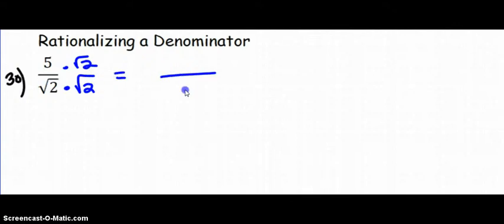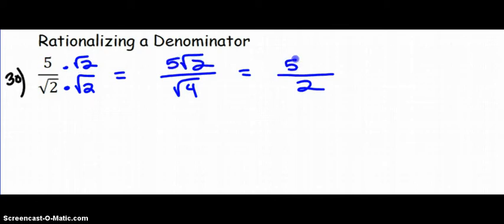Root 2 times root 2 is root 4, which is just 2. So notice when we multiply two radicals that are the same by each other, we just get the number that is under the radical. The top, 5 times root 2 is just 5 root 2. And our final answer is 5 root 2 over 2.